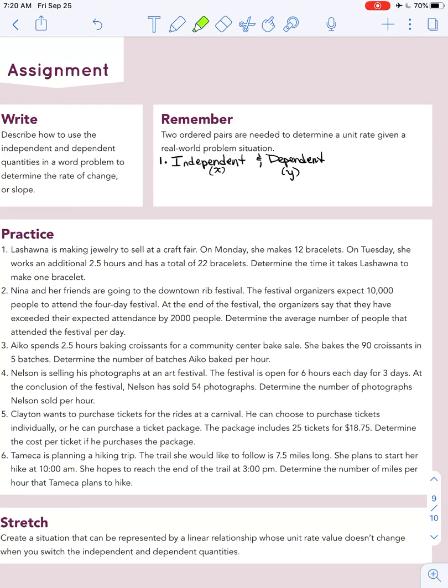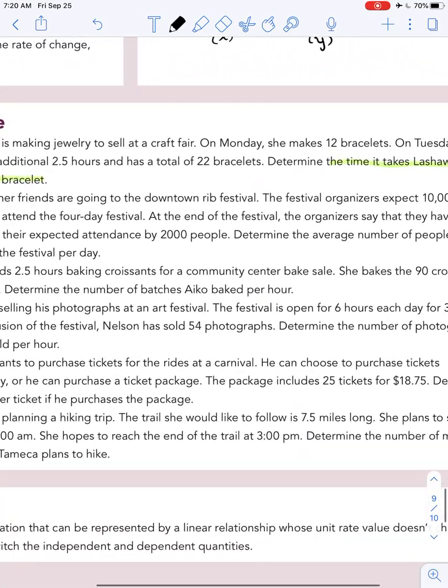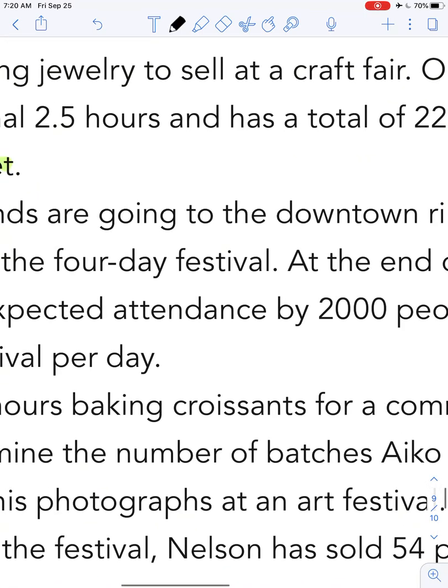It says the time it takes to make one bracelet. So what we're trying to find is the time per one bracelet. So the time per bracelet.